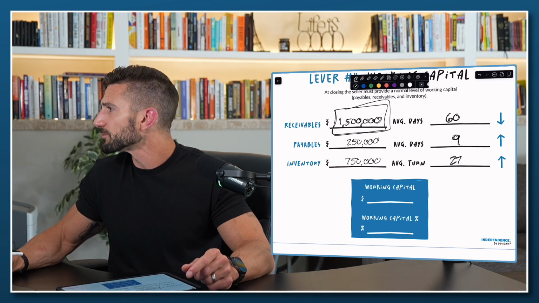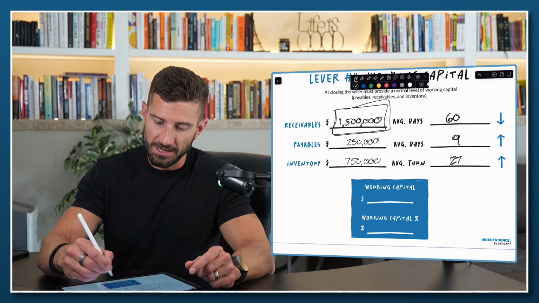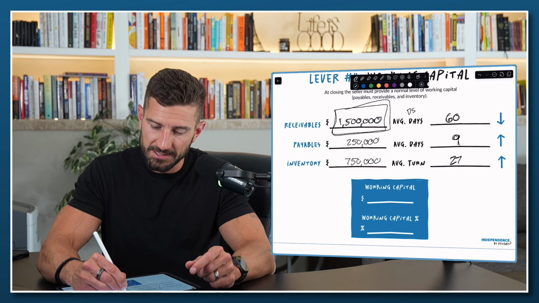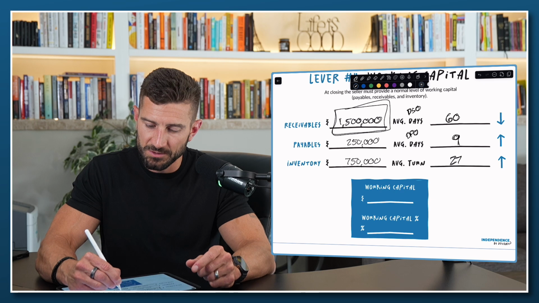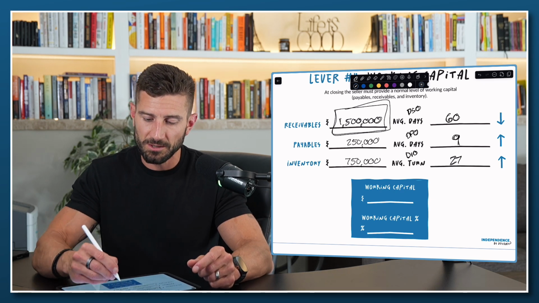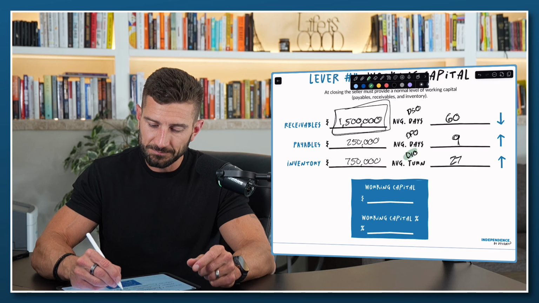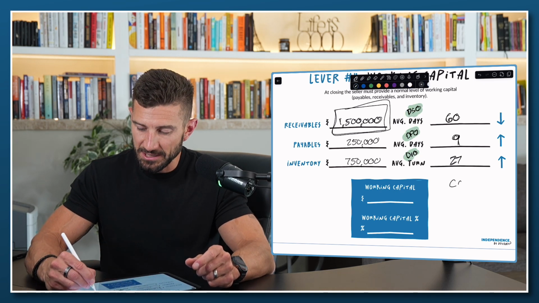Just as an FYI, this is DSO, days sales outstanding. This is DPO, days payable outstanding, and this is DIO, days inventory outstanding. Those numbers together make up what's also called the cash conversion cycle.